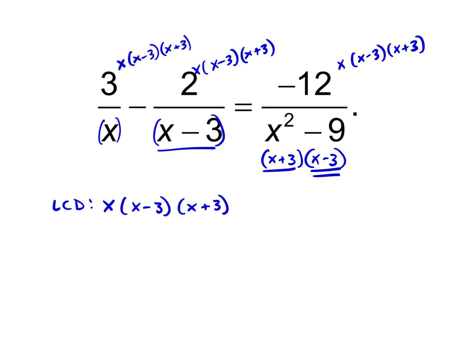Now, if it's in your denominator already, we want to cancel it out from what we're multiplying. So x is already in our denominator. We're going to cancel that out. We're just multiplying our numerator with whatever's left. So here we have 3 times x minus 3 times x plus 3.